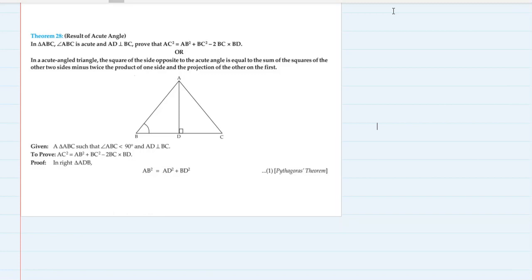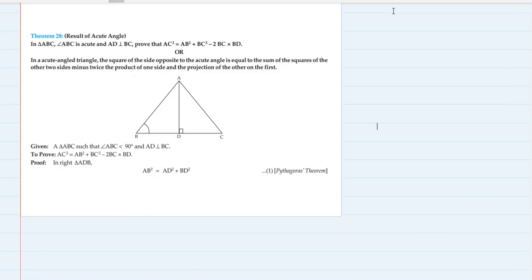This is a question in many of the exercises, in CBSE, ICSE books. It is not taught as a theorem. Here it is taught as a theorem as a result of an acute angle, but it is actually a question in itself. So how to prove this?